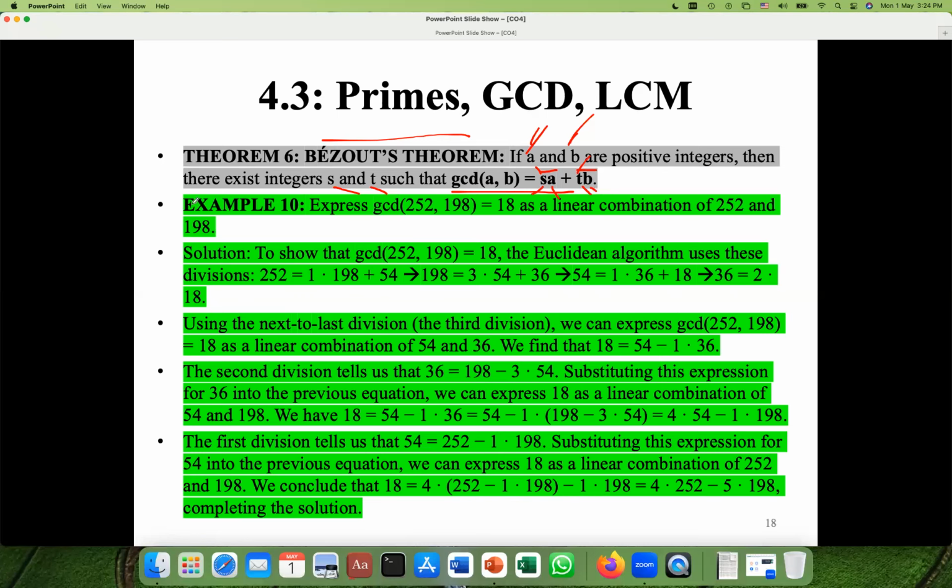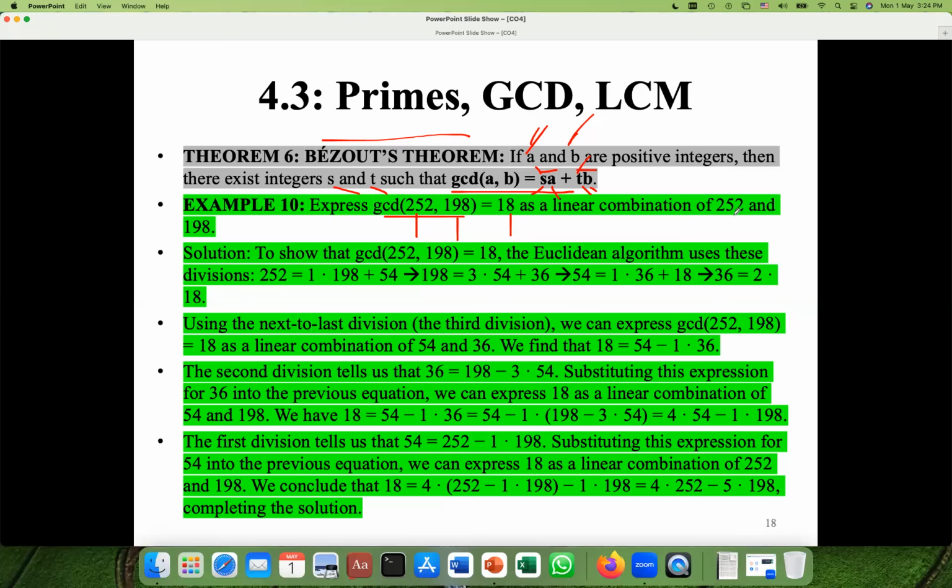For example, this is the example to understand Bezout's theorem. The GCD of these two numbers a and b is given to you, which is 18. So GCD of 252 and 198 is 18. Express this GCD. What is the question now?